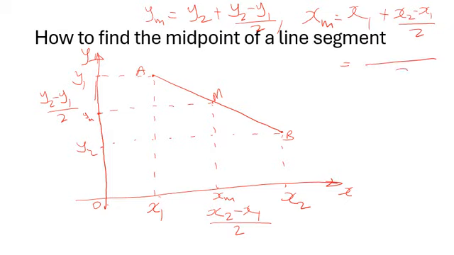Common denominator in this one is 2, so there it will be 2x1 over 2, plus x2 minus x1, which will be 2x1 minus x1, yeah, that will be x1 plus x2 over 2, which means this point from 0 to xm is equal to (x1 plus x2) over 2. Let's see ym.